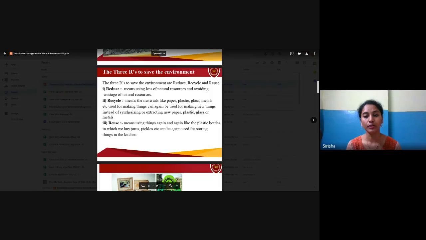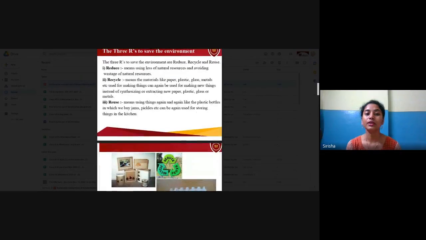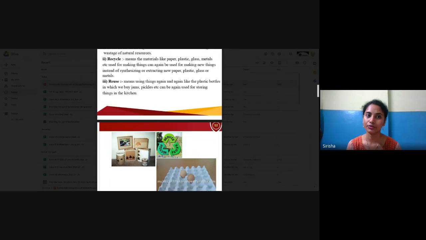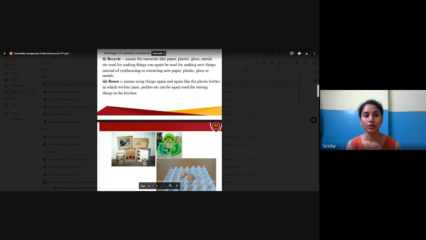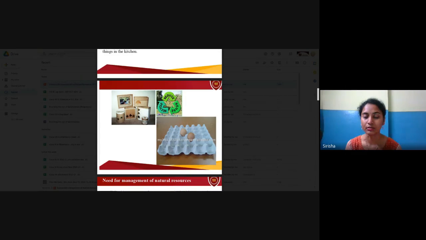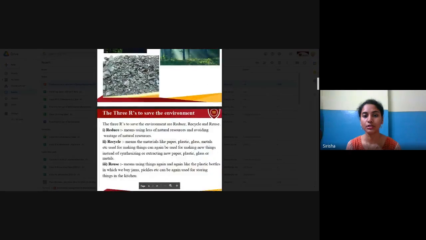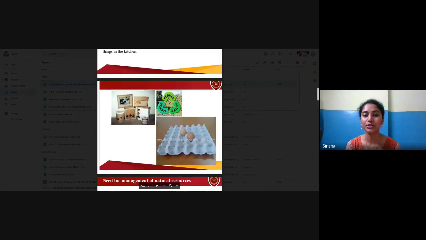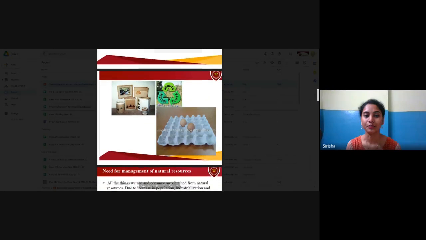Plastic, as you all know, causes so much pollution these days, and it impacts our daily lives. Jam and pickle jars can be used again for storing things in the kitchen instead of throwing them out and making our environment polluted. So these are the steps, the 3 R's to save the environment: reduce, reuse, and recycle.